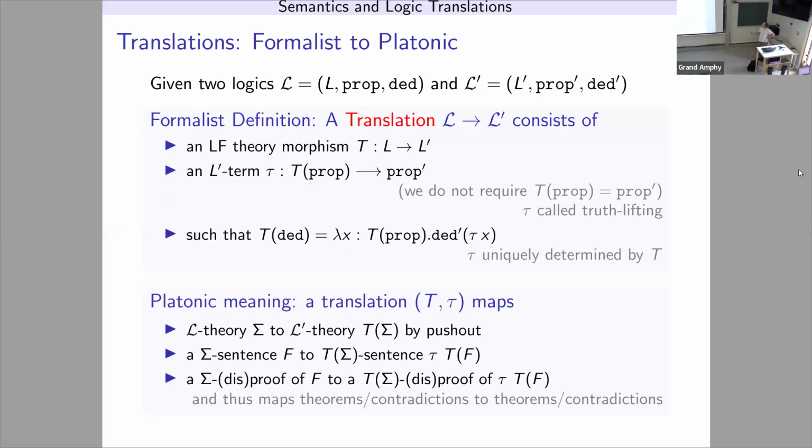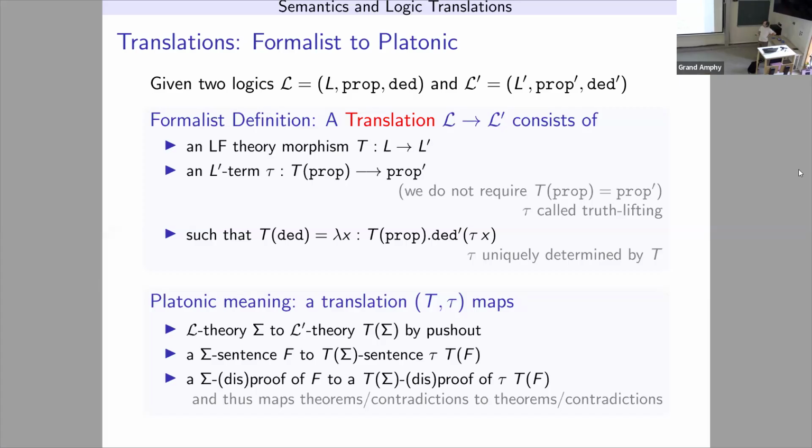If we have a logic translation sigma to sigma prime, like I've shown you yesterday, remember it's basically just a morphism. We don't require prop to prop prime, but we do require that the proofs go to proofs, and then we can extract this term tau from the morphism, which we can think of as truth lifting, mapping the translations of propositions to propositions in the meta language, meaning the semantic language sigma prime.